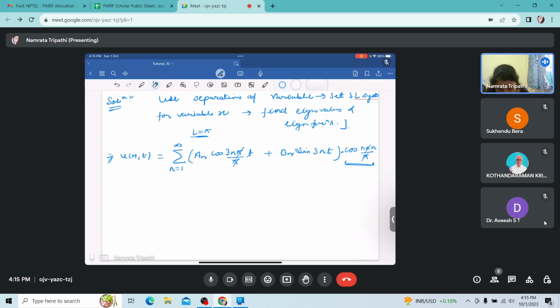So now we have to find the values of an and bn again. How to find? By applying the initial conditions. The initial condition u(x,0) is 0 when x is from 0 to pi.